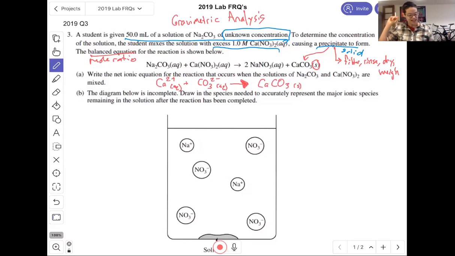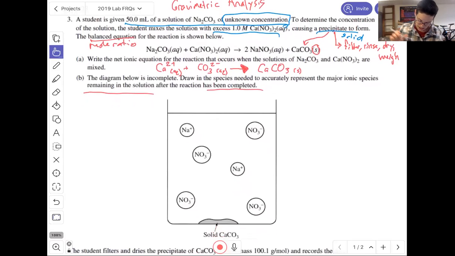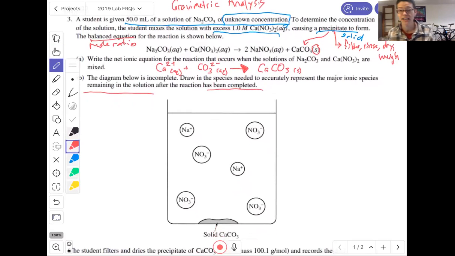Part B says the diagram below is incomplete. Draw in the species needed to accurately represent the major ionic species remaining in the solution after the reaction has been completed. Okay, so this is what we would call a particle diagram.